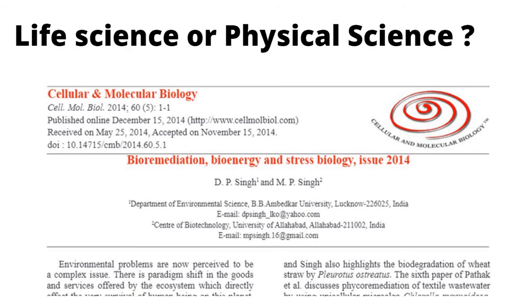Because this time we're mixing the power of microorganisms and plants to fix environmental problems such as high toxicity levels in soil, and that is in a study called bioremediation. And also with bioenergy and stress biology, those are different mixtures of the two disciplines. So this will be both types.